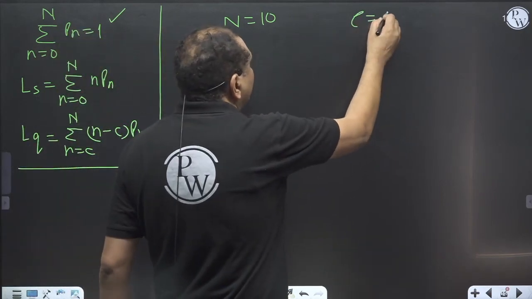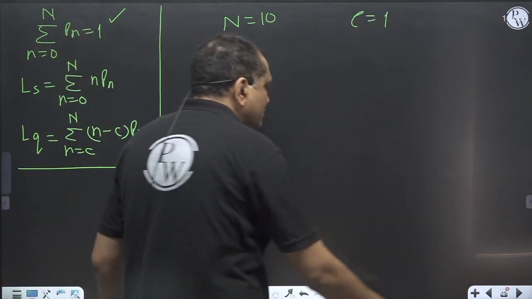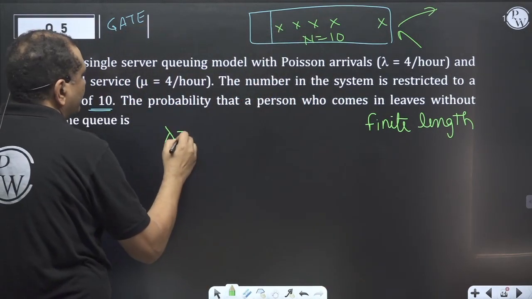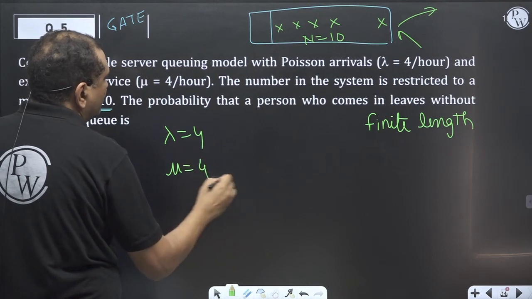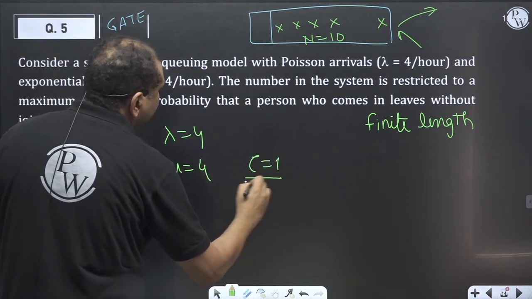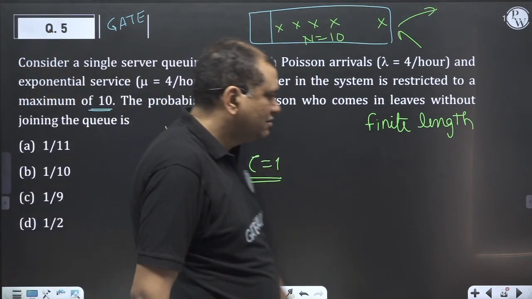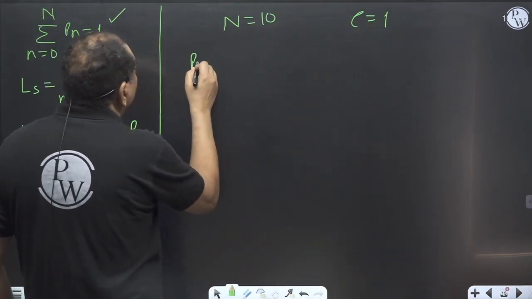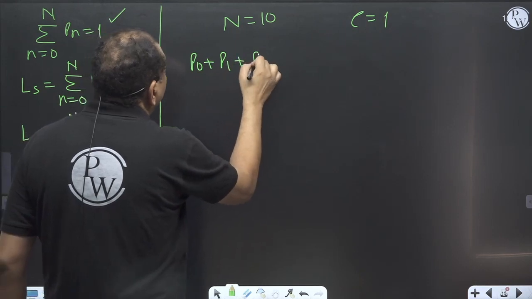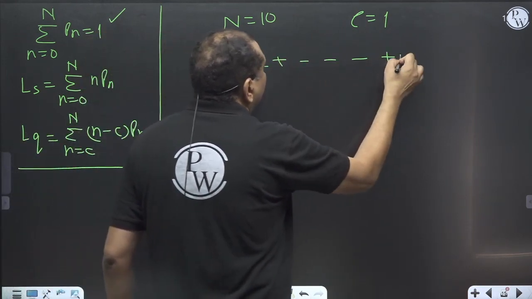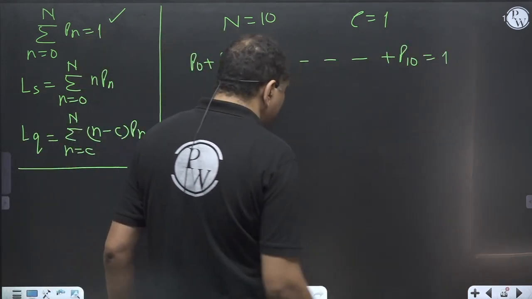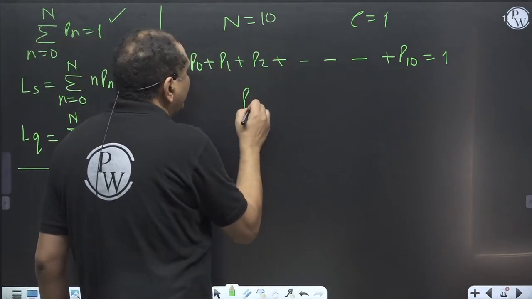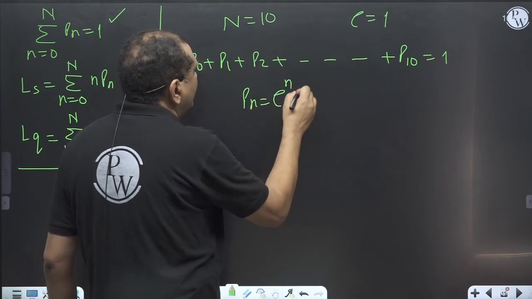Rho is equal to 1, because lambda is equal to 4 and mu is equal to 4. So here apply the first formula, P0 plus P1 plus P2 up to P10 is equal to 1. And Pn is equal to rho raised to power n times P0.